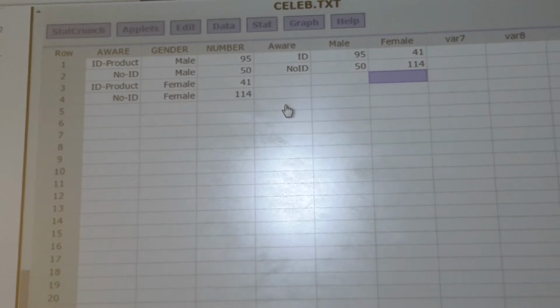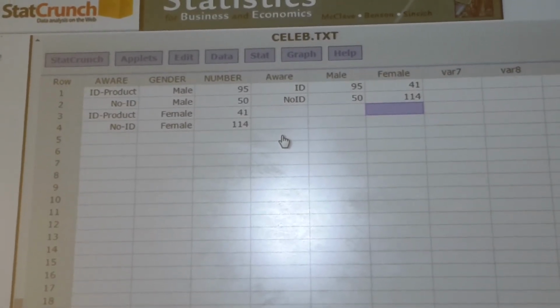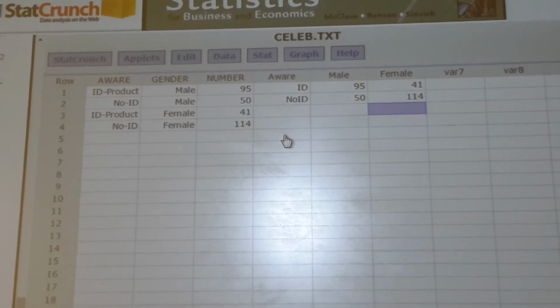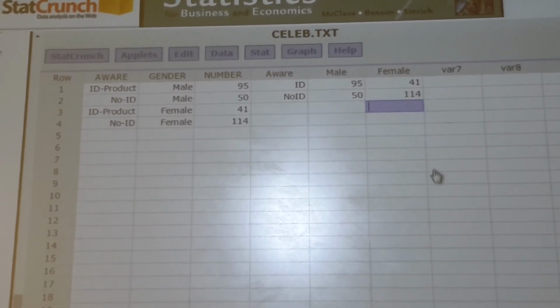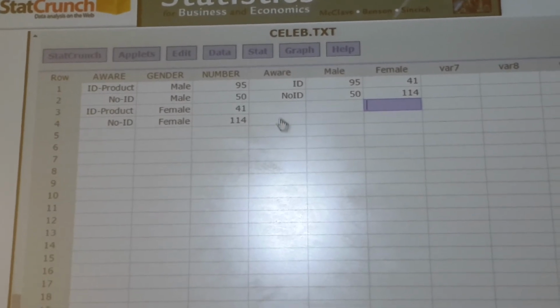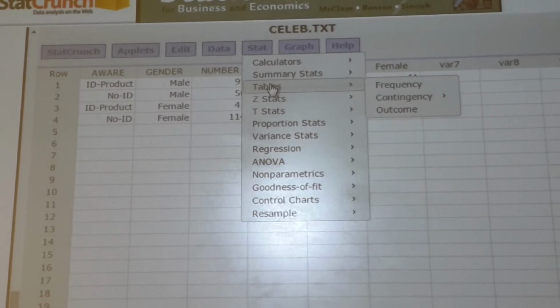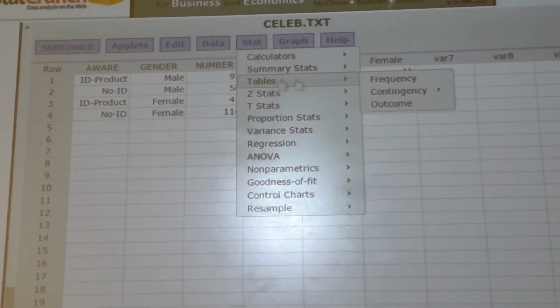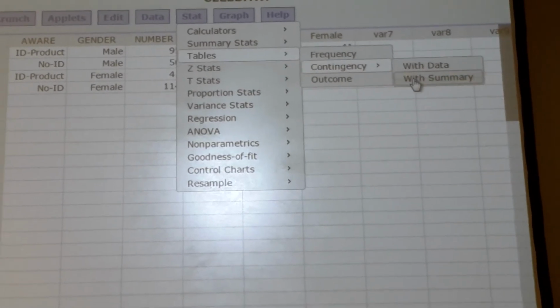We're dealing with categorical data, male or female, ID the product or not ID the product. And we have more than 2 groups. We've got 4 different cells here of information. We'll go to Stat. This is a contingency table. So we want Tables, Contingency, and we want Summary.